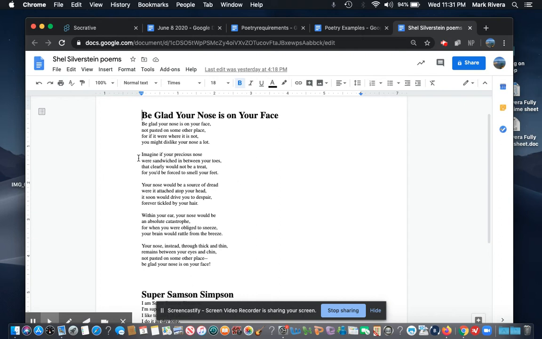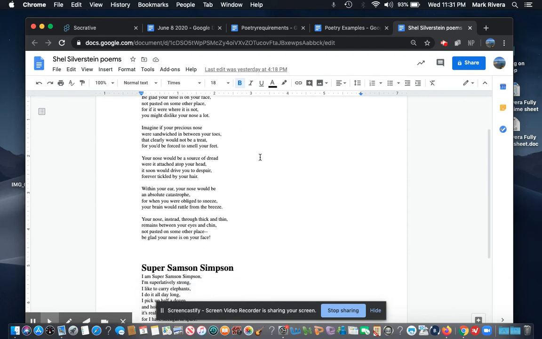The first poem is called "Be Glad Your Nose Is on Your Face." Be glad your nose is on your face, not pasted on some other place. For if it were where it is not, you might dislike your nose a lot. Imagine if your precious nose were sandwiched in between your toes. That clearly would not be a treat, for you'd be forced to smell your feet. Your nose would be a source of dread, were it attached atop your head.